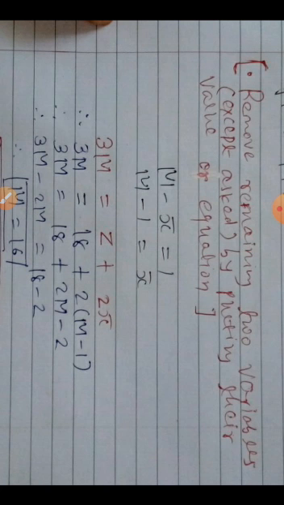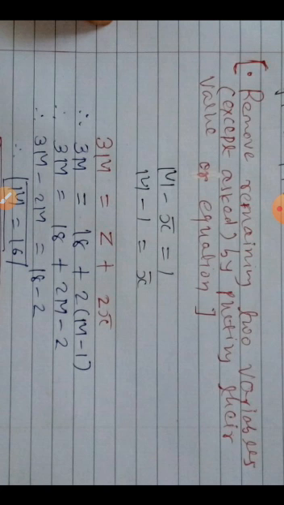Okay, so it is simplified. 3m equal to 18 plus, the bracket is open, so it becomes 2m minus 2. Now like terms are kept together, so 2m is shifted towards the left side, so it is 3m minus 2m and 18 minus 2.